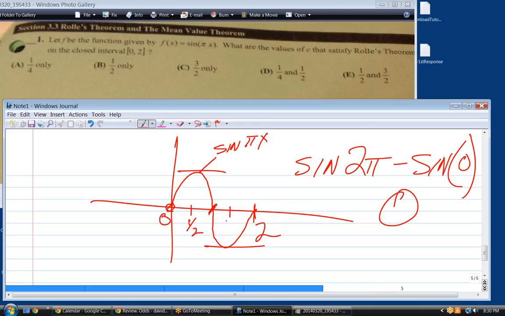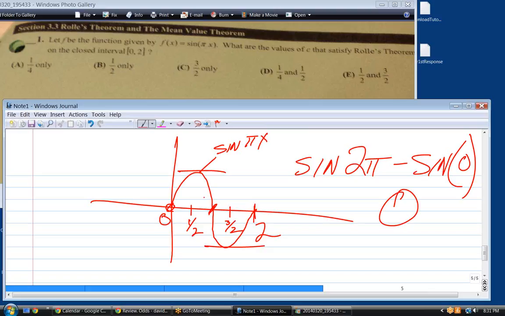Since it's horizontally compressed, does that make the y values change? Yeah, we don't really care about that. So all we care is what are the x-coordinates of those horizontal tangent lines. There are 1/2 and 3/2. Answer E.